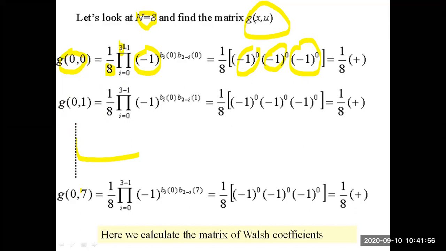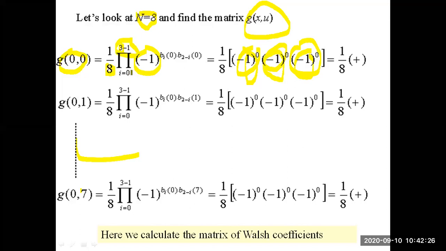3 minus 1 means how many values? 3 minus 1 means 0, 1, 2: the 0th component, first component, and second component. The summation is i equal to 0 to 2 only.